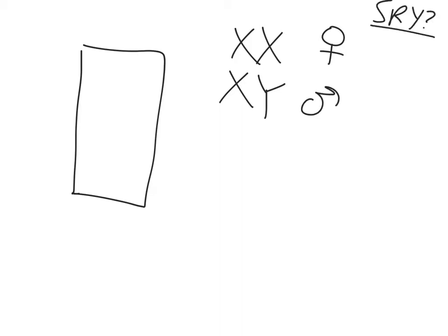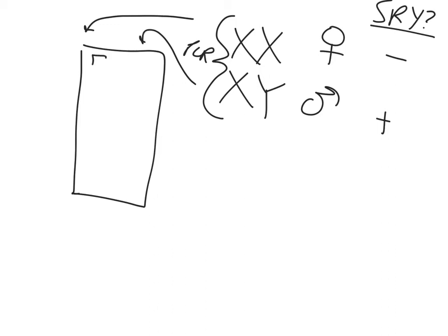So who's got SRY? Males. Females? No. So if you did PCR on female and male samples and you loaded those, say the primers you use are primers that only match and base pair to the SRY gene.